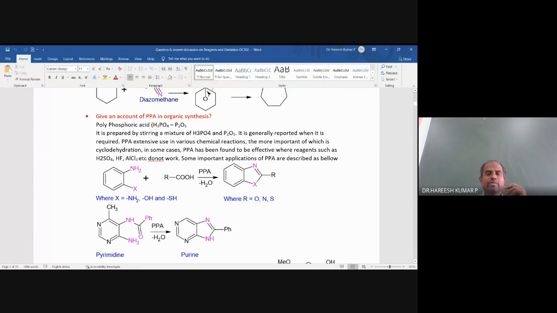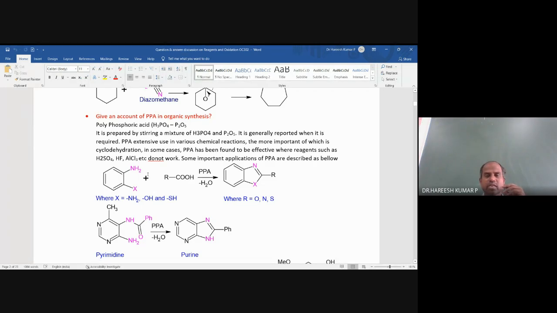So what is happening when an amino, hydroxy or mercapto aniline reacts with a carboxylic acid? There will be a removal of water. How is the water removed? OH from here, OH from here. So it requires removal of 2 molecules of water, OH from here, OH from here, and later on H2 from here and O from here. So that is how it is cyclized. Cyclized means more particularly heterocyclic compounds are obtained.